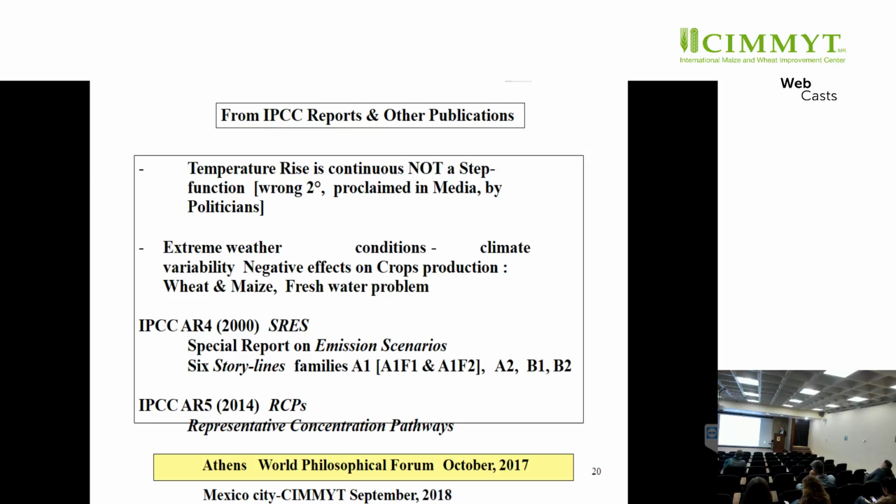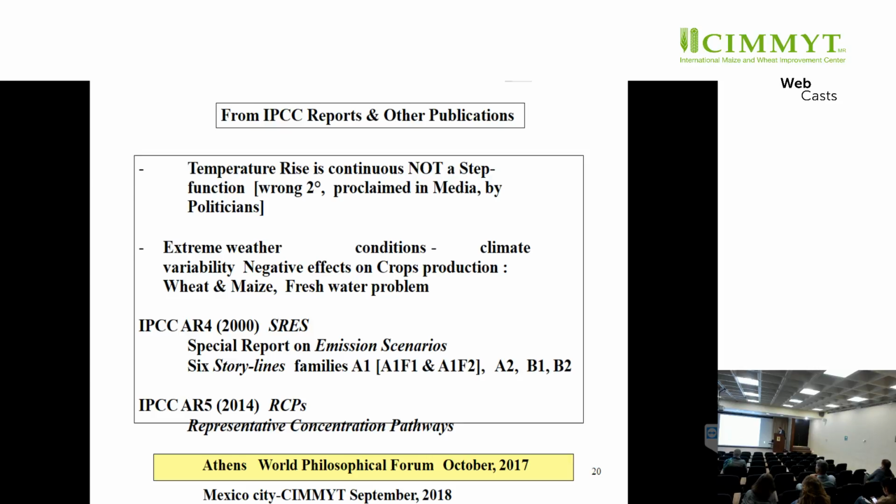The SRES is the Special Report on Emission Scenarios, sorry, and its storyline. It describes several scenarios of what the temperature jump could be. This was years ago, 20 years ago, something like that.